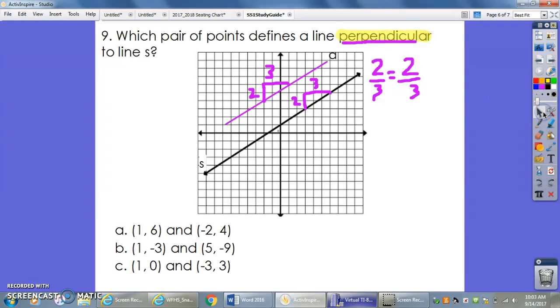So I'm going to try another answer choice, B. All right, so I'm going to use a different color. On the test, you will get some color pencils, so you can use that to help you answer the question. So I'm going to graph 1, negative 3, and 5, negative 9.